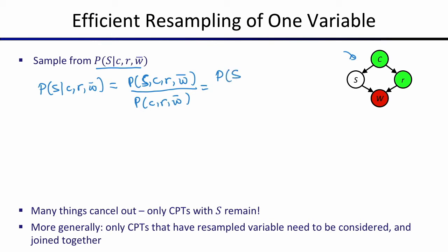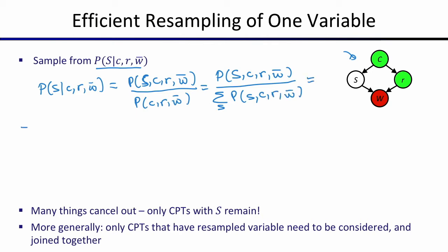So it's going to be the sum over S of the probability of S, C, R, and not W.